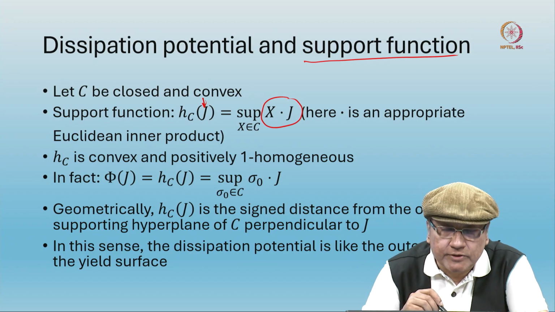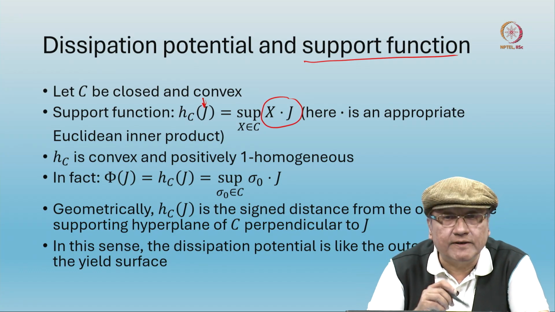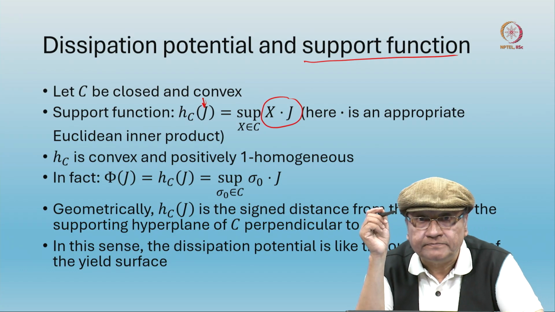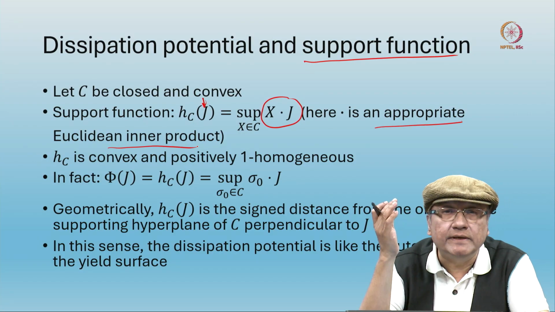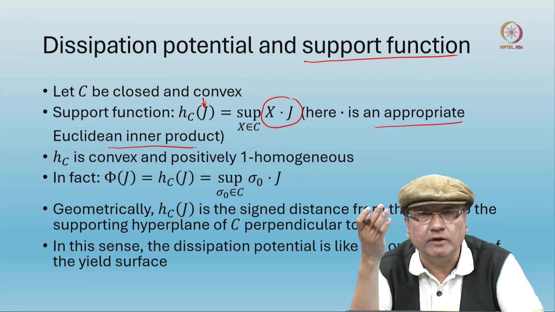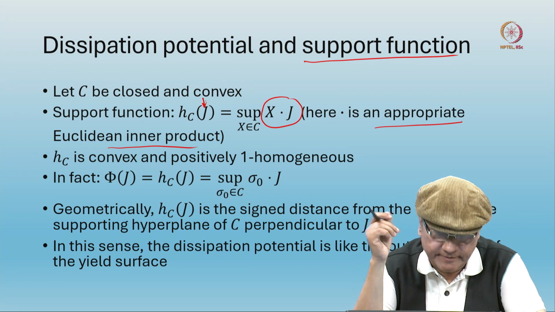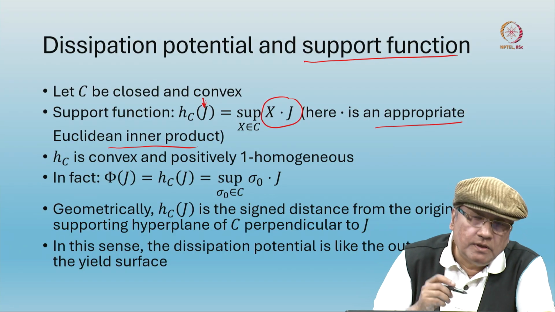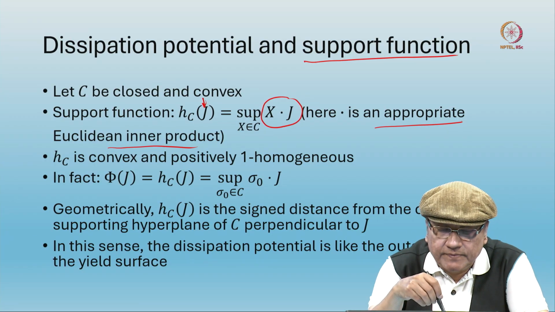Since you are taking the supremum over x, the x dependence goes off, so you are left with a function of J only. This inner product here is an appropriate Euclidean inner product. We are not talking about a more complicated differential geometry than the Euclidean sets here. Now let us quickly take a look at the nature of this function.